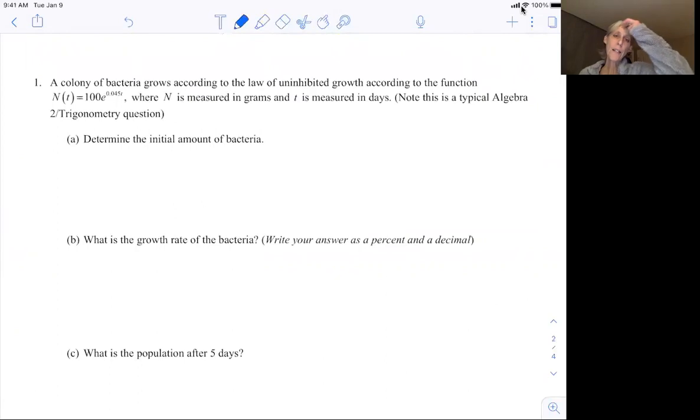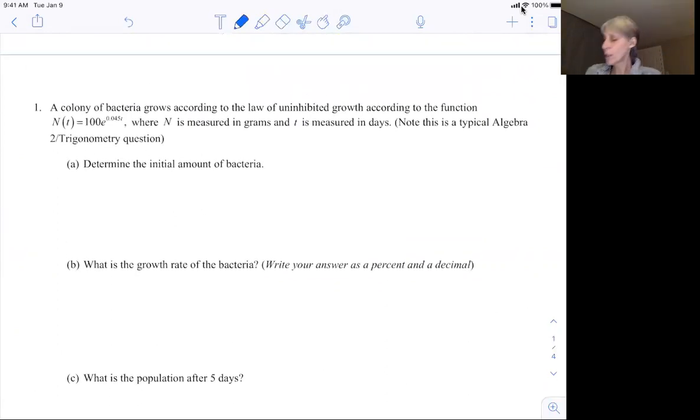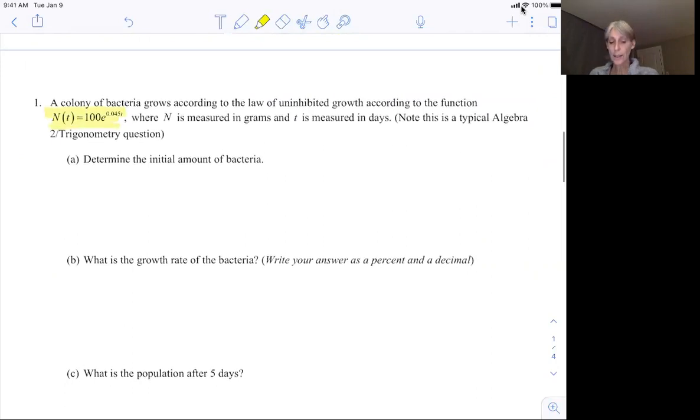We have a colony of bacteria, and it grows according to the law of uninhibited growth, according to the function n of t equals 100 e to the 0.045t, where n is measured in grams and t is measured in days. Note, this is a typical Algebra 2 question. Determine the initial amount of material.